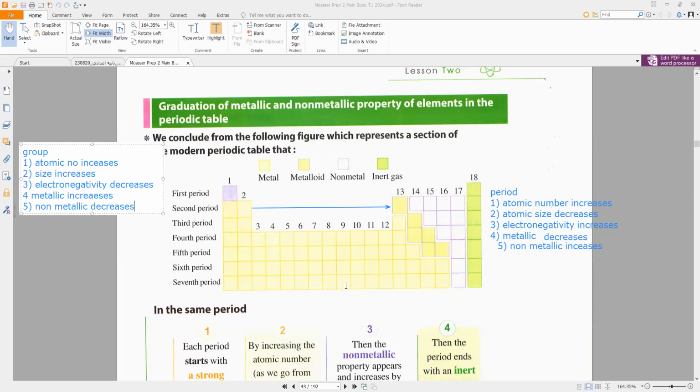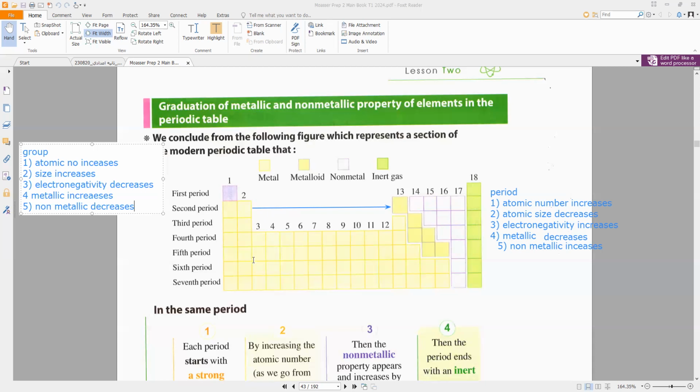This is what happens to the properties in this lesson: atomic size, atomic number, electronegativity, and metallic and non-metallic property. So the strongest metal lies in group 1A because the metallic property decreases from left to right. As the metallic property increases going down, the strongest metal is cesium because it is at the bottom of group 1A.